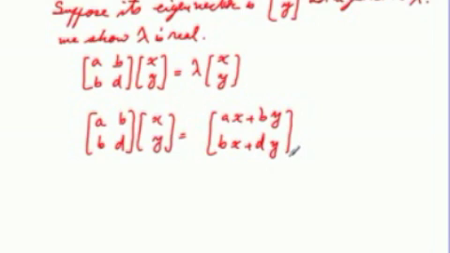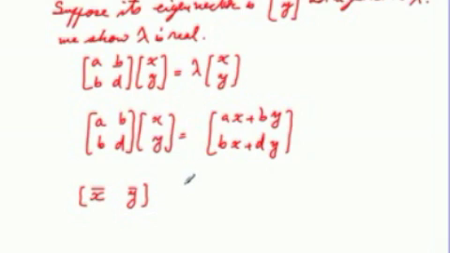Now here comes the trick. I take this thing and multiply with the conjugate of this vector. For reasons that we are going to see shortly, I take x bar, y bar. So I'm taking conjugates of these things, because they could be complex numbers.